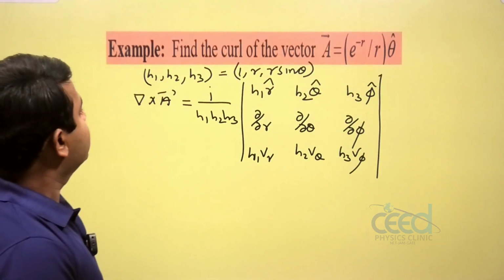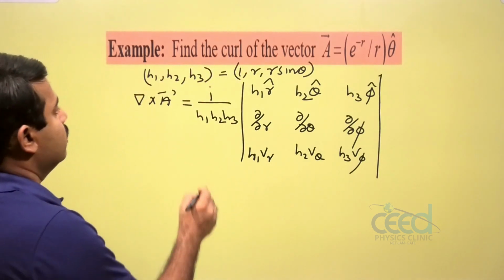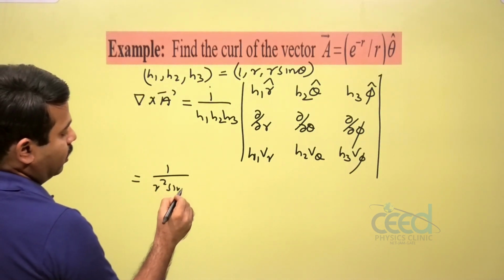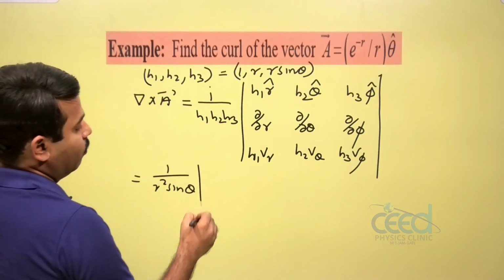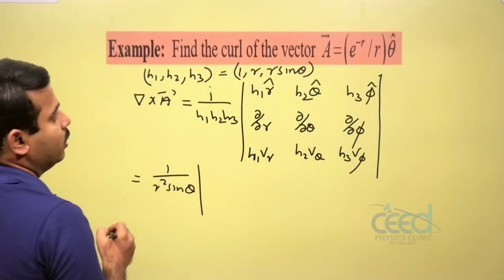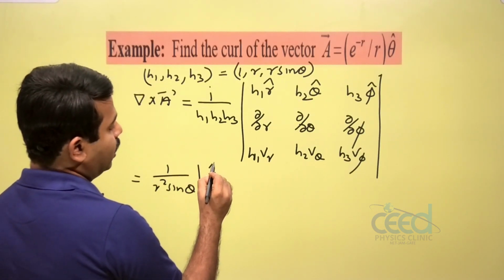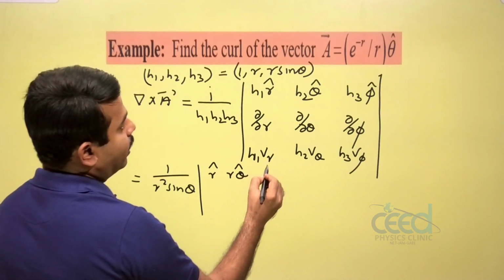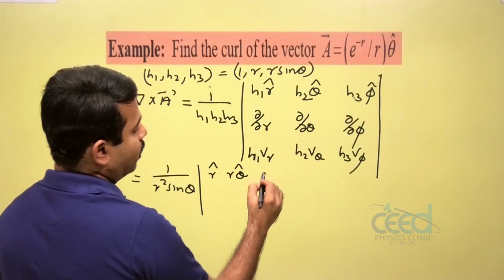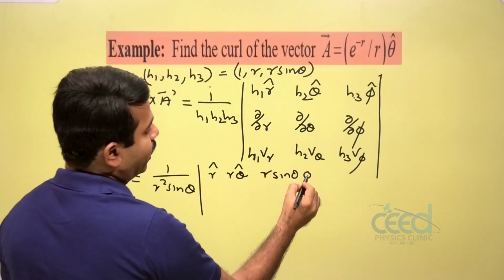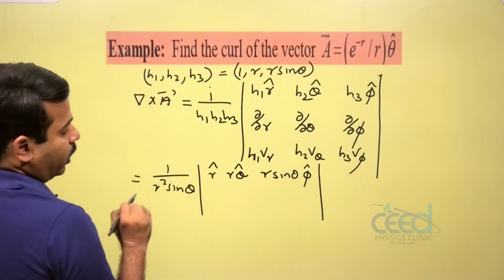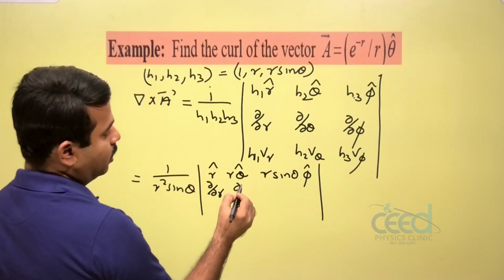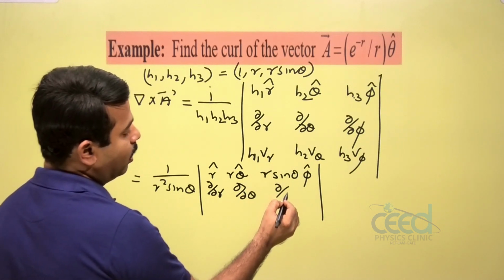Now I am putting the values: 1 by r square sin theta, with h1 equal to 1, so r cap; here also r, so r theta cap; and here r sin theta phi cap. Then dou by dou r, dou by dou theta and dou by dou phi.